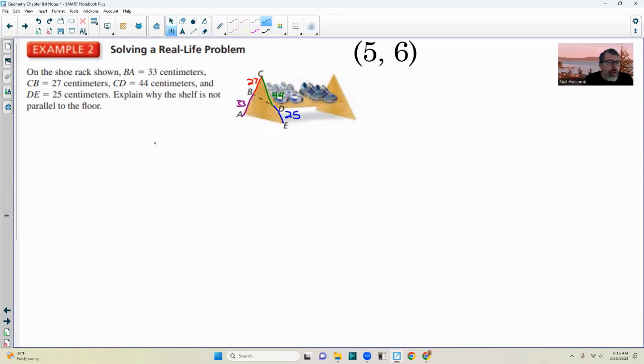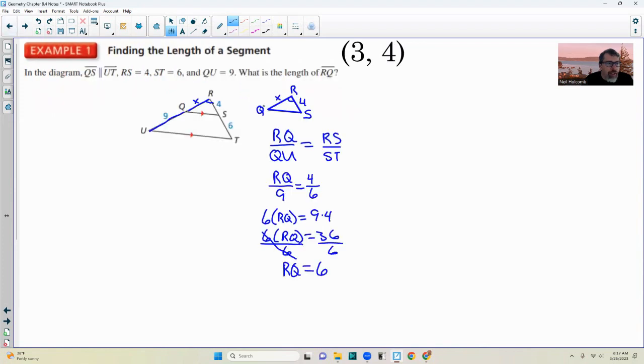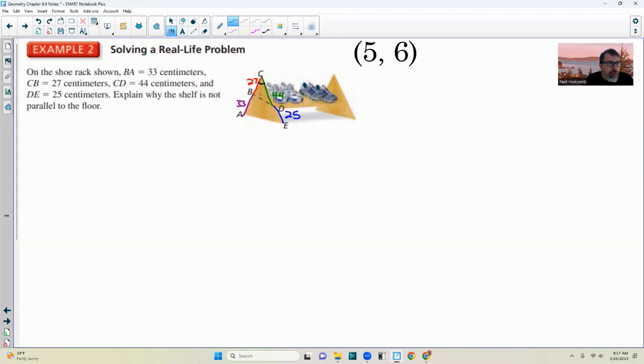So what we're going to do is set up a proportion, and I'm going to take the left side. Keep in mind, the reason we can do this is because we have a common angle in two triangles, angle C by the reflexive property. I'm not going to break it away, but it's just like this problem here where you can drag it out and the angle is shared when you have a side cut through a triangle.